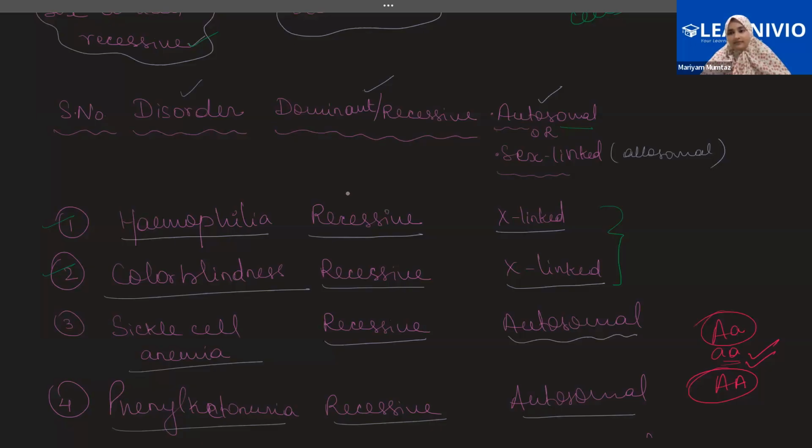What is that condition called? Recessive is correct, but before that there is one more word. What is that word? Heterozygous? Think before you speak.